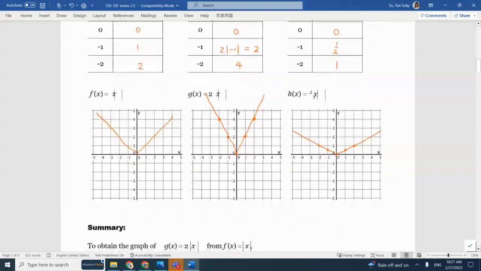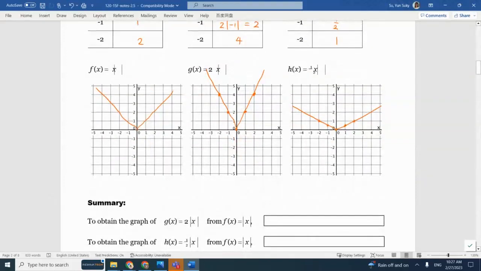Okay. So summary. To obtain the graph, here what we are doing. Do you see the x values remain the same, but we are multiplying the y value? So we're changing the y. So here we change the y to 2 times y.